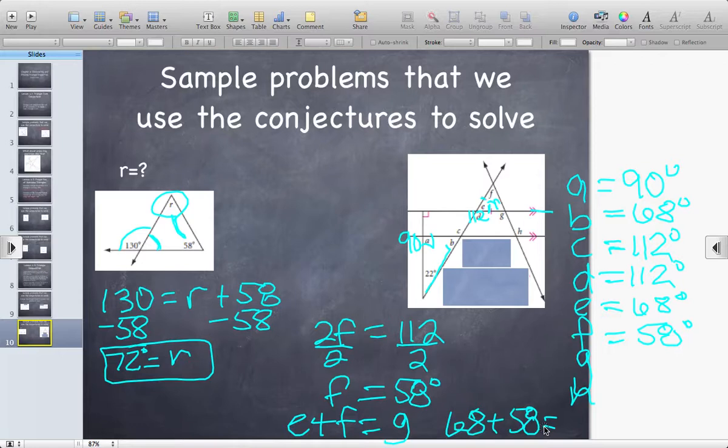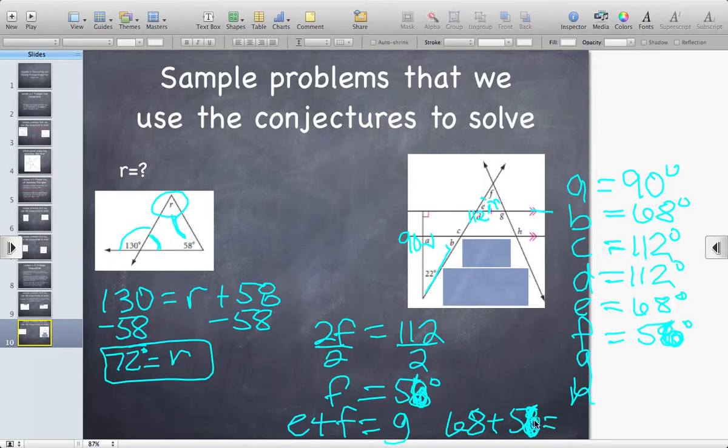Let me double check really fast. 56, 112, yep, 56 degrees, not 58 degrees. There we go. Small mistake there. 112 divided by 2 is 56. So fix that everywhere we have it.